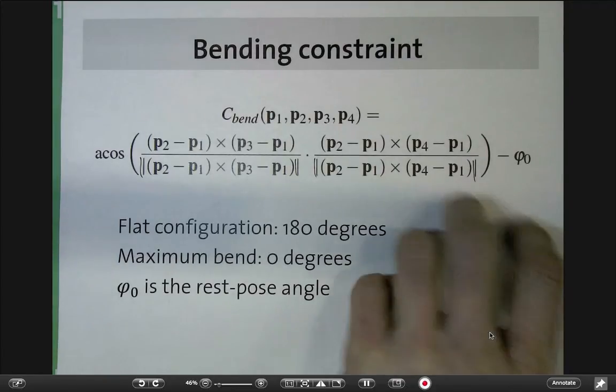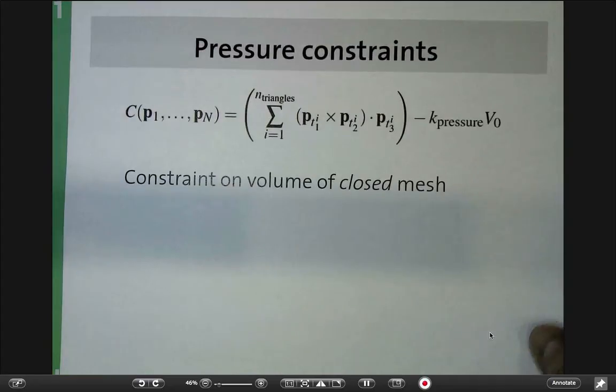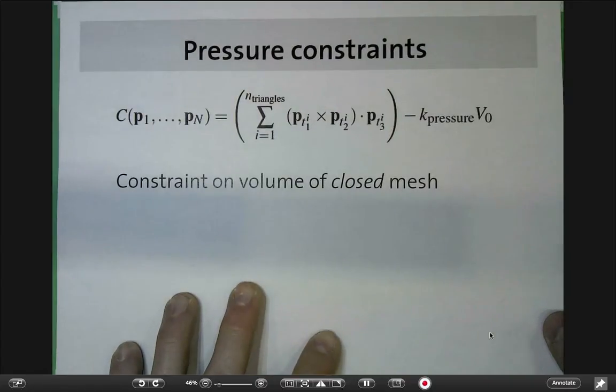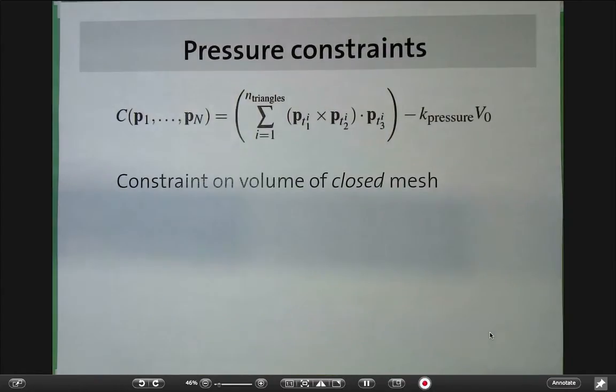Now, an even funnier constraint is the pressure constraint. It's funny in a number of ways. One is that it's been used for this pressurized character, which is then put through gears or things like that, and that's what makes it maintain the volume. You can look at it either as preserving the volume of the object, or physically as a pressurized balloon type of thing.